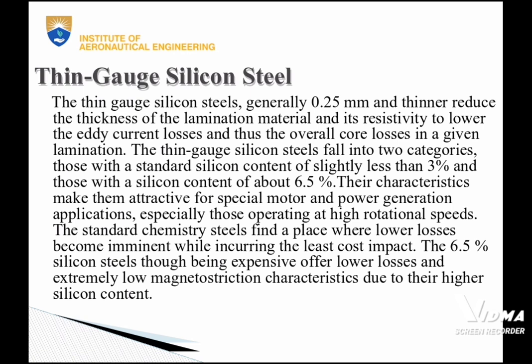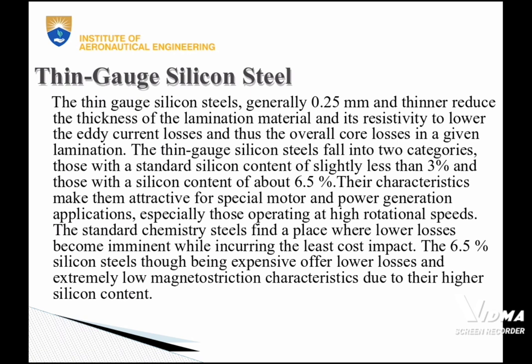The thin gauge silicon steels fall into two categories: those with a standard silicon content of slightly less than 3 percent, and those with a silicon content of about 6.5 percent. Their characteristics make them attractive for special motors and power generating applications, especially those operating at high rotational speed.